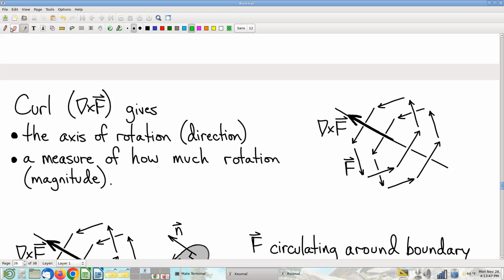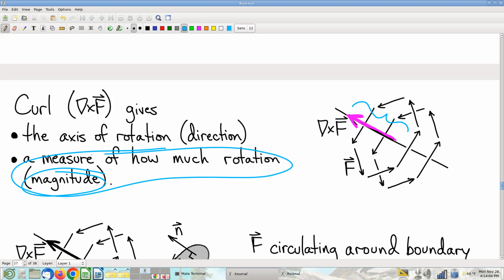Your curl vector, I'll do this with the pencil. Your curl vector is something like this. Right? The magnitude is telling you how much tornado are we seeing there. Longer curl vector means there's a lot of rotation of the fluid.